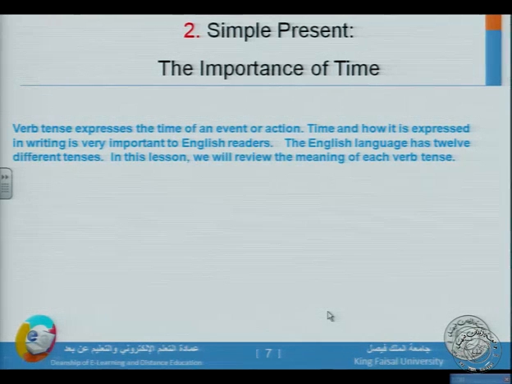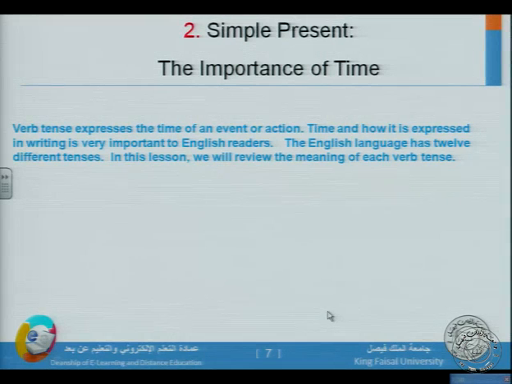Verb tenses express the time of an event or action. Time and how it is expressed in writing is very important to English readers.